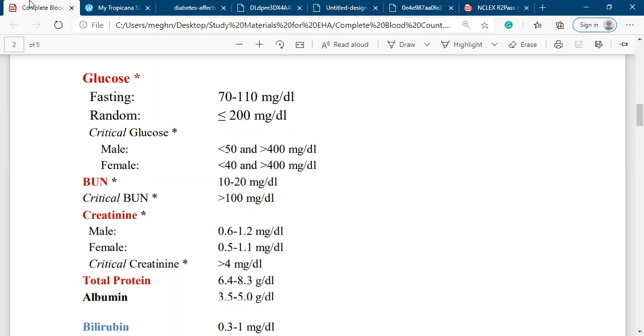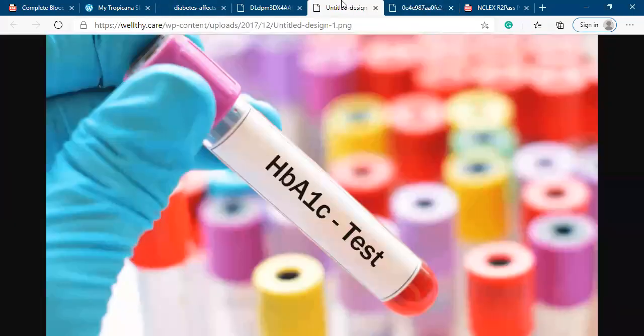Now we are going to talk a little bit about hemoglobin A1c, because hemoglobin A1c is the confirmatory diagnostic test of diabetes mellitus, a significant test for diabetics.